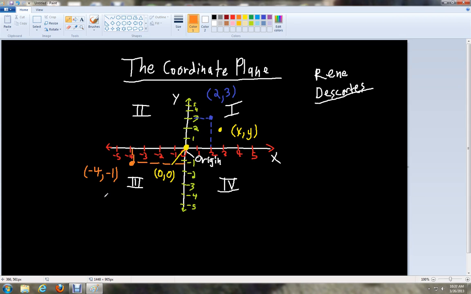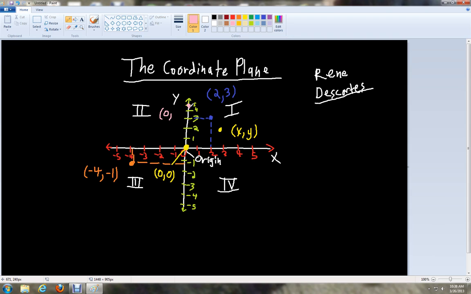So what if I wanted to just go on the y-axis? Let's say I wanted to go just to a point right here, up to here on 5. Notice that I didn't go left or right for x, so that would just be 0.